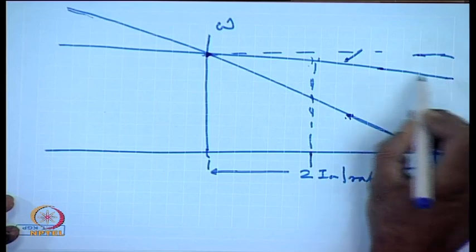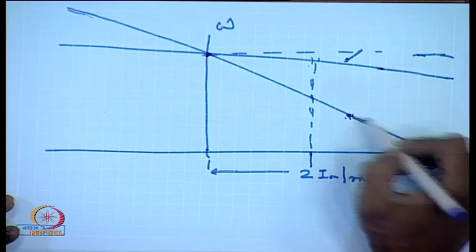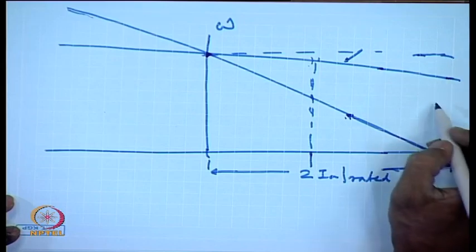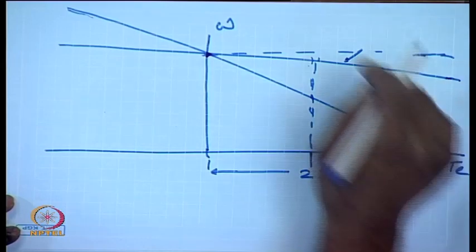So, for the whole duration of starting, the armature current does not remain fixed. So, one approach is to use a variable armature resistance.